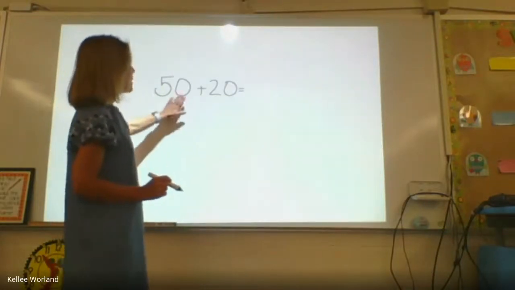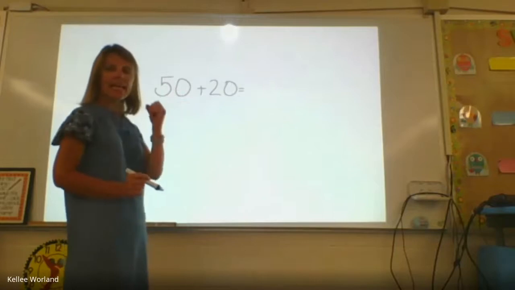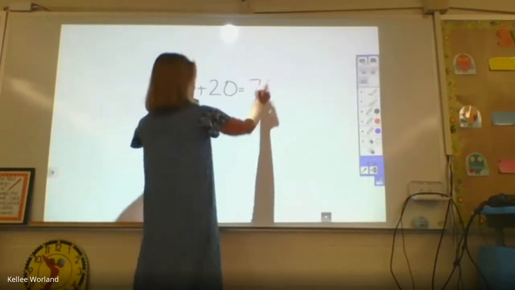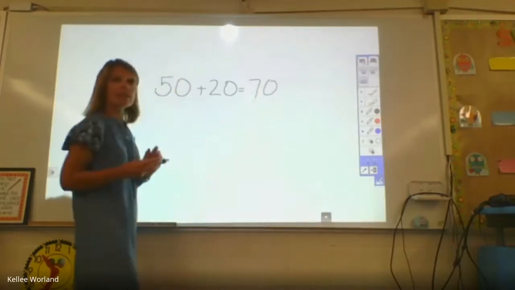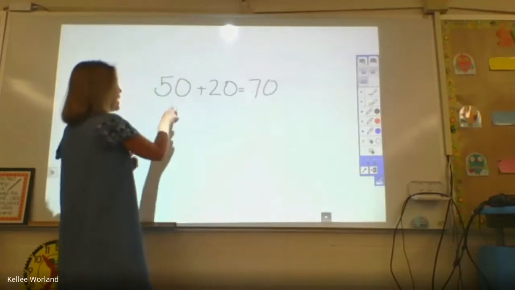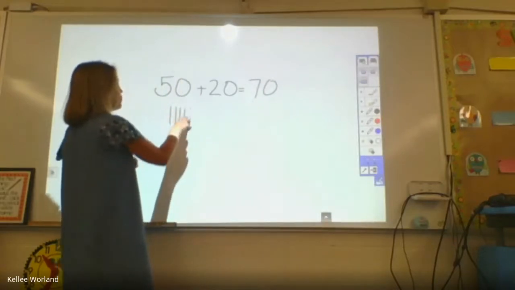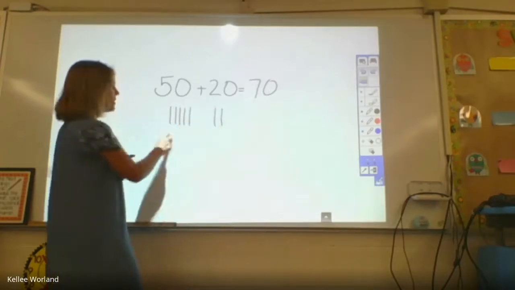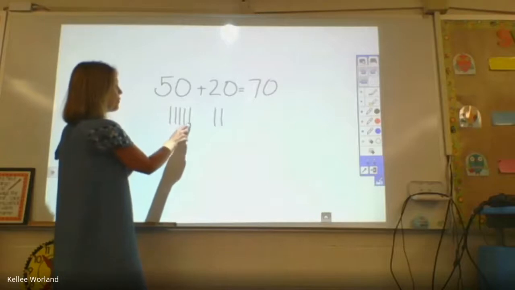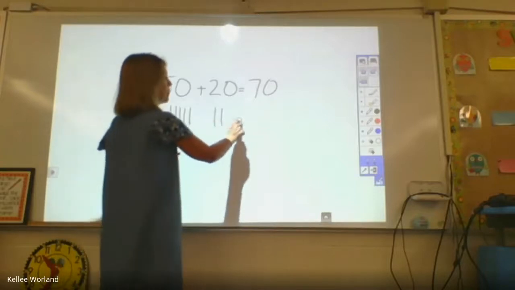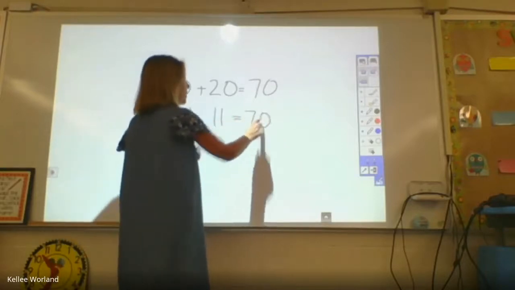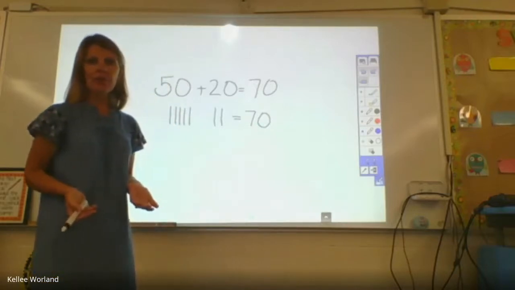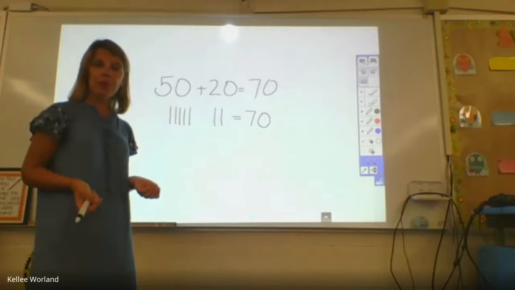Some of you may be able to go 50 and count up 2 more groups of 10, 60, 70. Some of you may have wanted to go 10, 20, 30, 40, 50, 10, 20, and then count your 10 sticks. 10, 20, 30, 40, 50, 60, 70. It's the same way. You get the same answer, whatever is best for you.